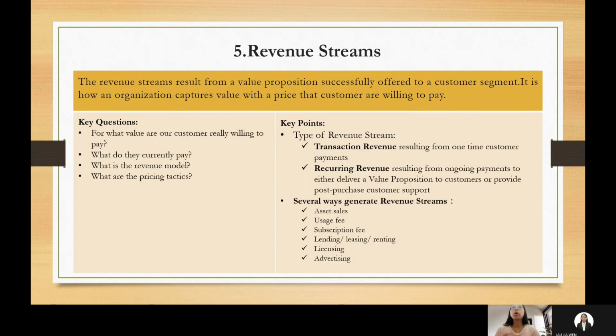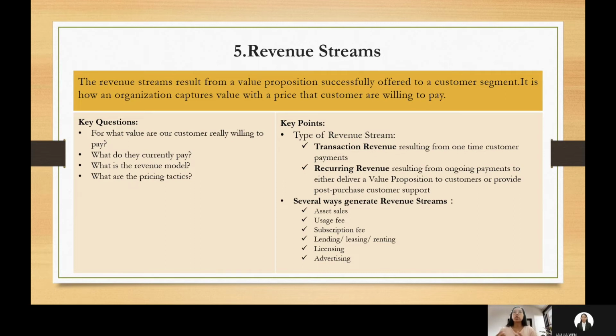Besides that is the revenue stream. Revenue stream results from a value proposition successfully offered to a customer segment. It is how an organization captures value with a price that customers are willing to pay. It can be separated into two types of revenue stream, such as transaction revenue resulting from one-time customer payment, and recurring revenue resulting from ongoing payment to either deliver a value proposition to the customer or provide post-purchase customer support.